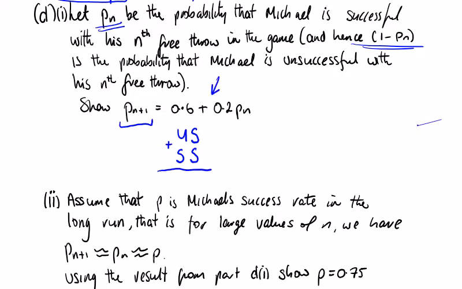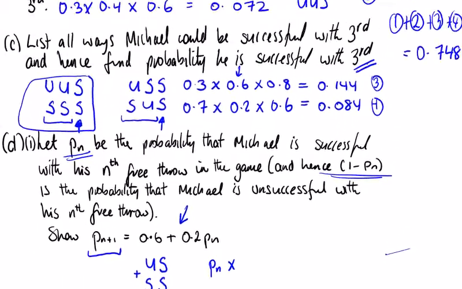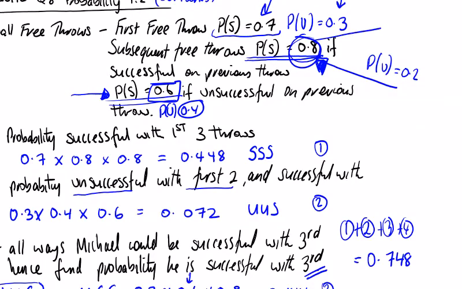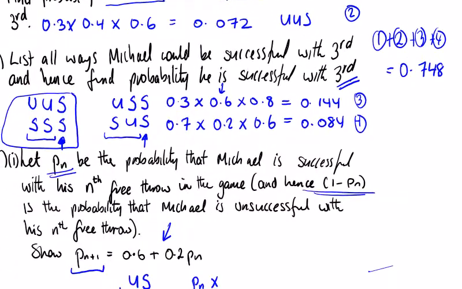So Pn is success. So we do this one first. That's Pn multiplied by he was successful on the previous one. So we know that this is 0.8, he was successful on the previous one.